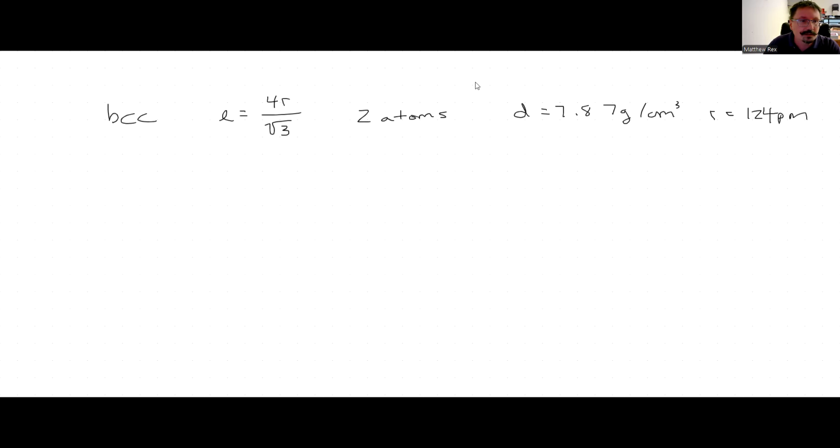So our radius is 124 picometers, so 4 times the radius. I'm going to convert that into centimeters, should be 1.24 times 10 to the negative 8 centimeters. And that whole thing is going to be over the square root of 3.